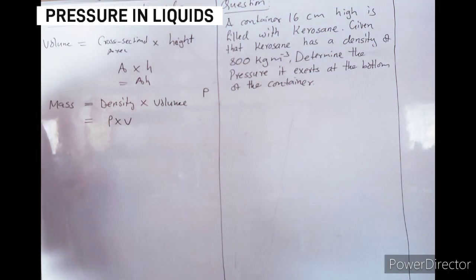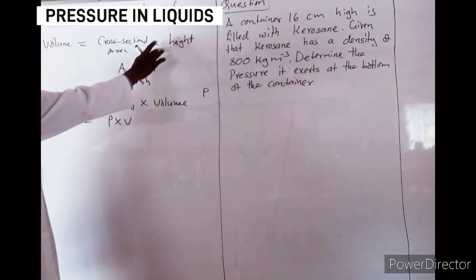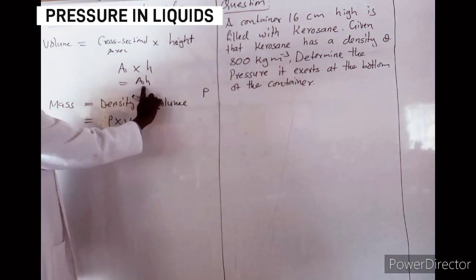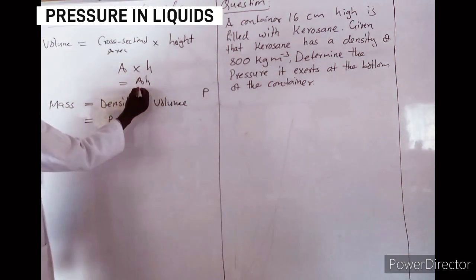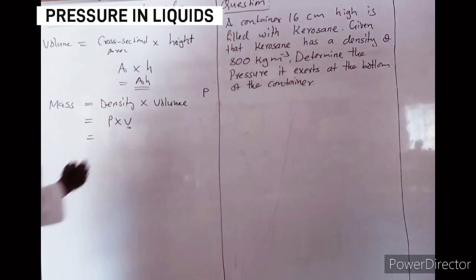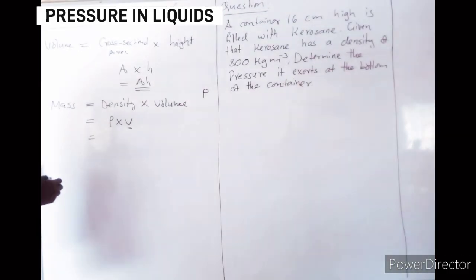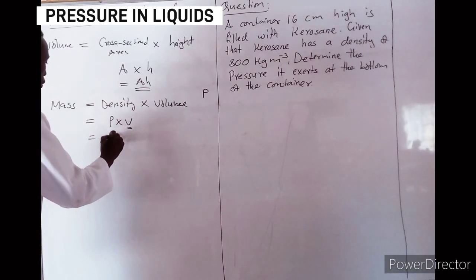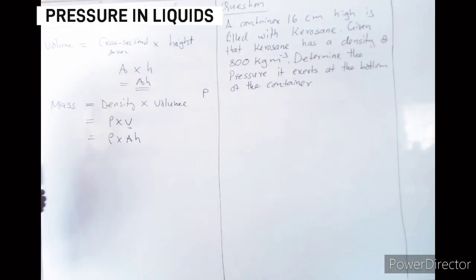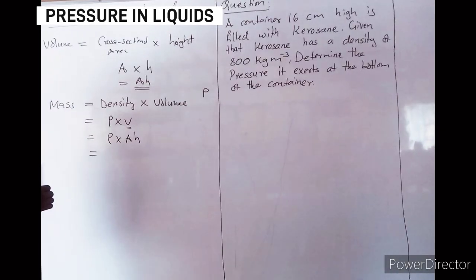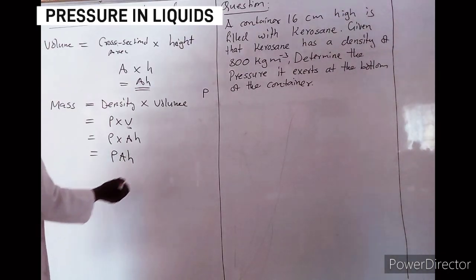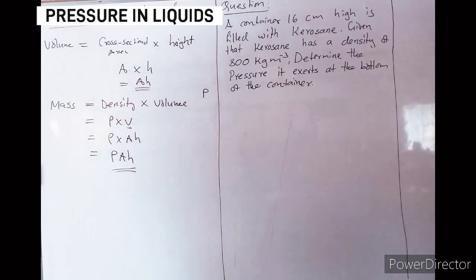But from the previous section, the volume is given by area times height. So we can substitute this volume and say that the mass of any given liquid is rho times area times height.